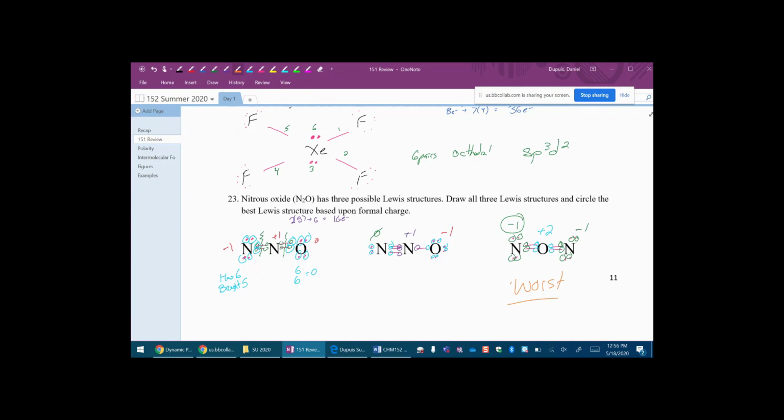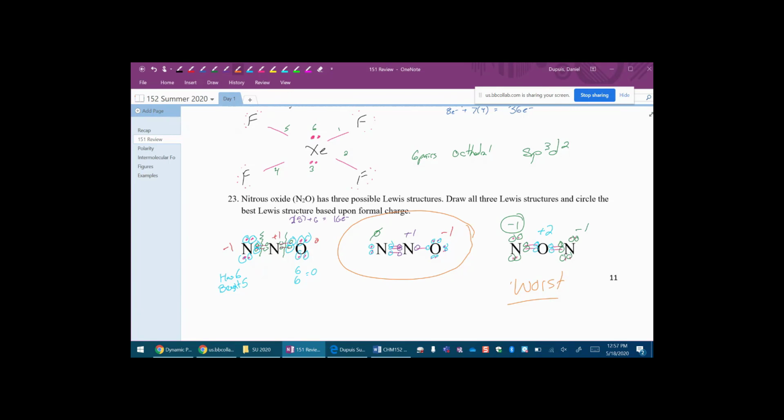And since oxygen is +2 and nitrogen is -1, it's probably not the best example. The best one between the other two would probably be the center one, with oxygen being -1. That doesn't mean NNO that are double bonded is bad. It's a valid resonance structure. It's just not as favorable, but it's not bad.